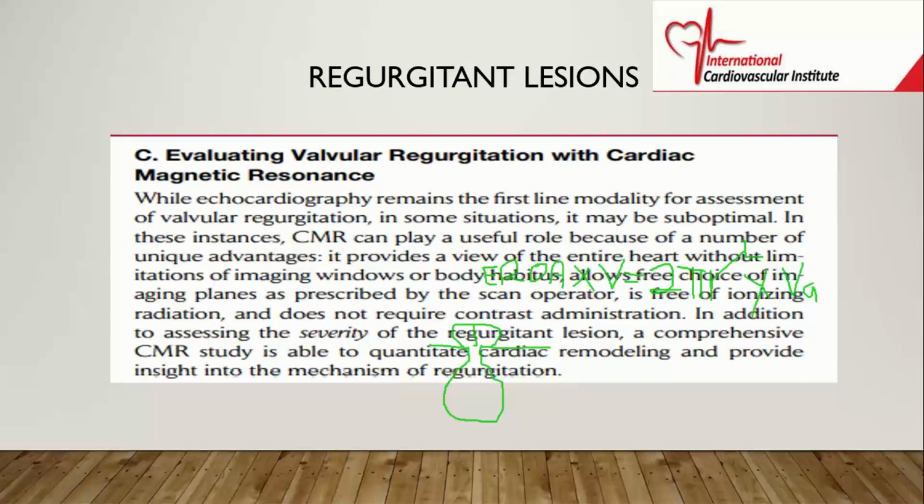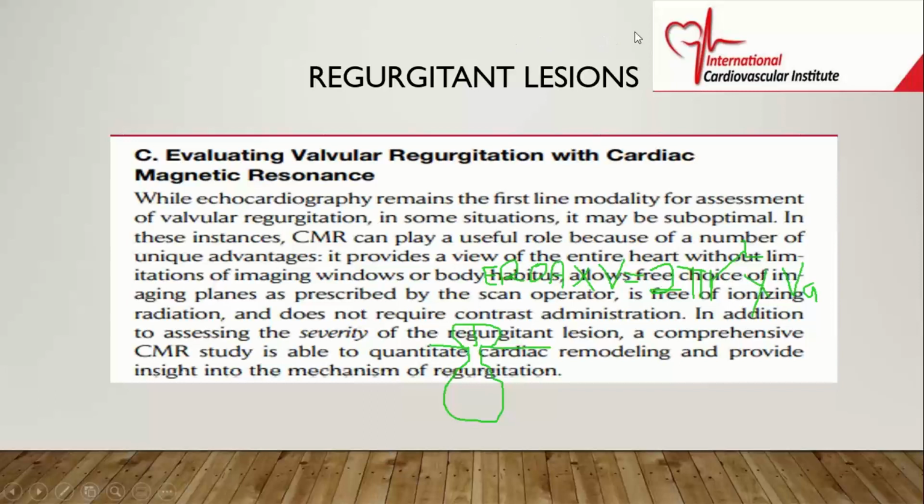So really, cardiac MR is the gold standard. It's just that it's not readily available and it's not as portable and convenient as echo. So if you have the opportunity to learn about cardiac magnetic resonance, then you probably should.